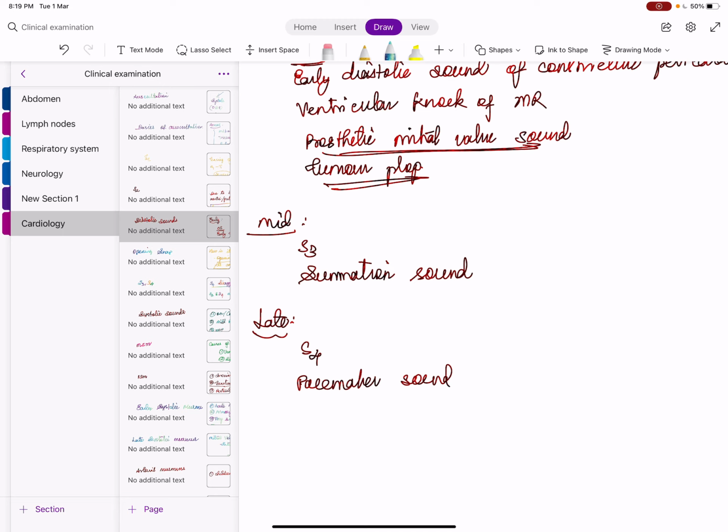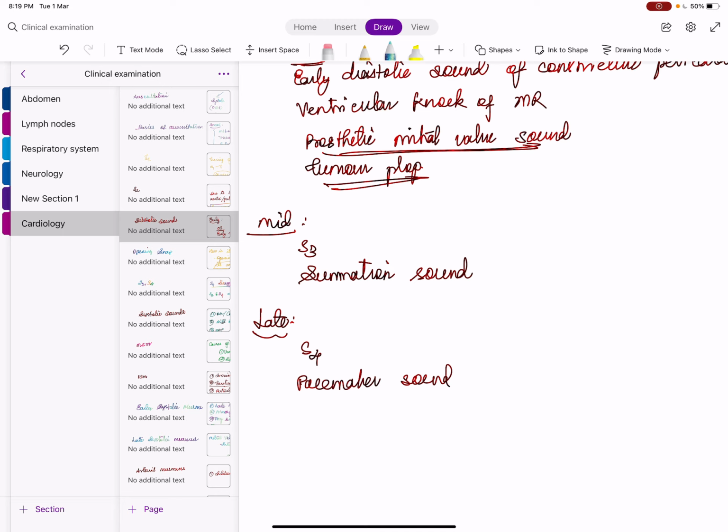So what is wide split S2? The simple mechanism is a wide split. A2 P2 is there. During inspiration it is wide. During expiration it is also heard, but less than that of inspiration. What I told you: normally we hear the split in both inspiration and expiration, but in inspiration it will be wide, in expiration it will be narrow.